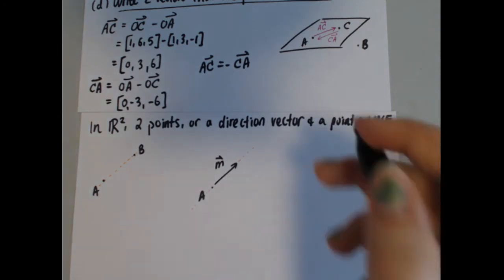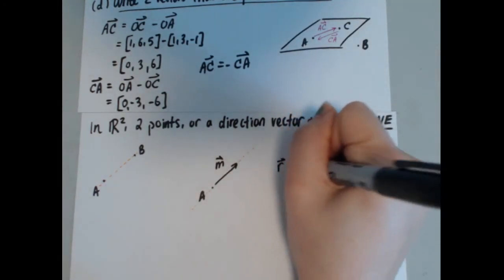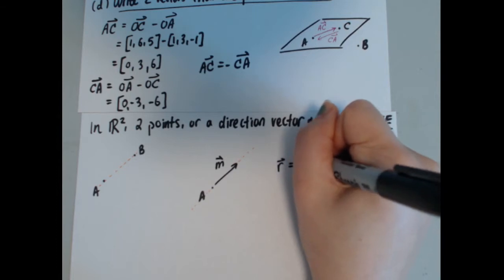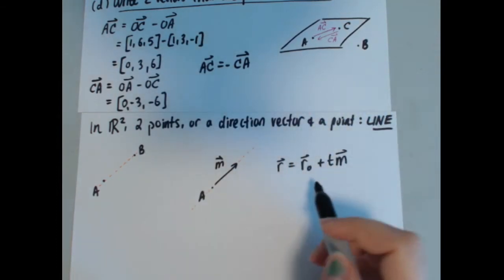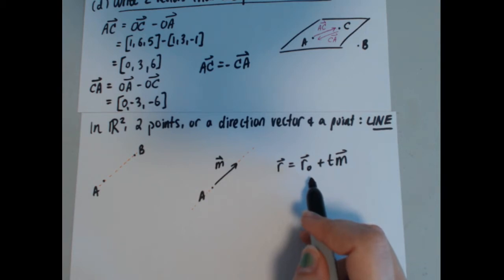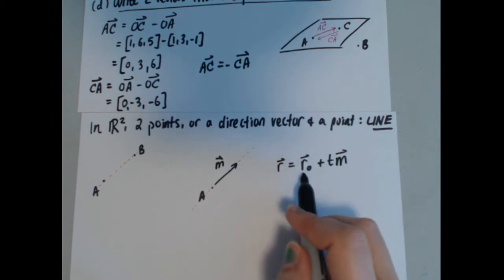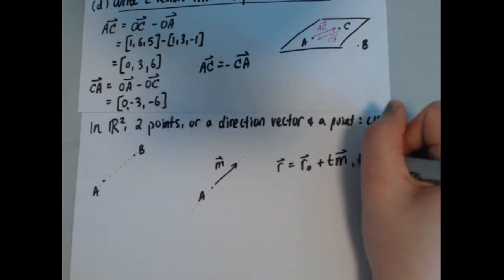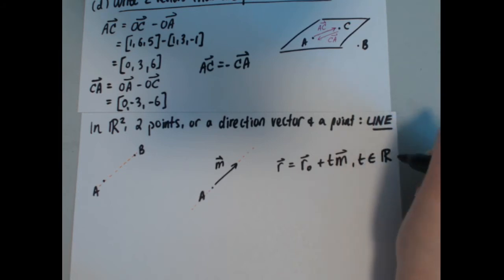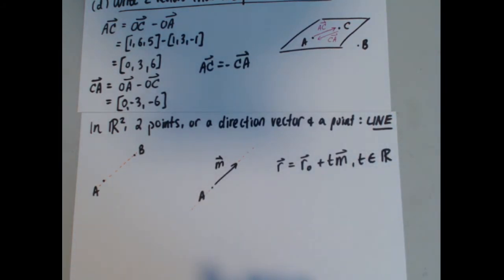And based on these two things, I know that the vector equation of a line is given by r is equal to r0 plus t times m. So r0, again, that's the position vector going from the origin to a point on the line, any point on the line, and m is the direction vector. And so we say that t is an element of the real numbers, t is your parameter, it can be any value. And then finally r goes to any point on the line.